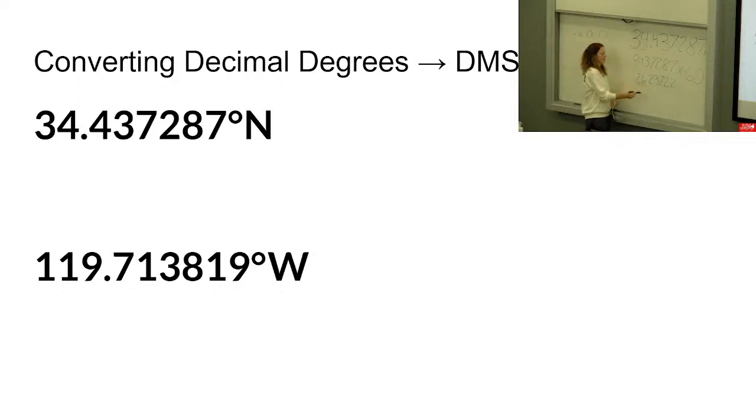So remember, always taking what's in front of the decimal into our final answer. So here we have 26, and that's minutes, because we converted it into minutes here. And now we need to find the seconds. So just working with what's left over behind the decimal now. I'm going to multiply by 60, and that's going to give me what I need to find our final answer.